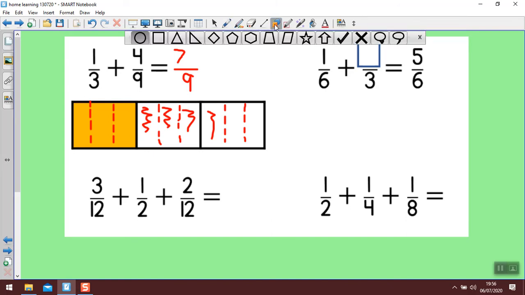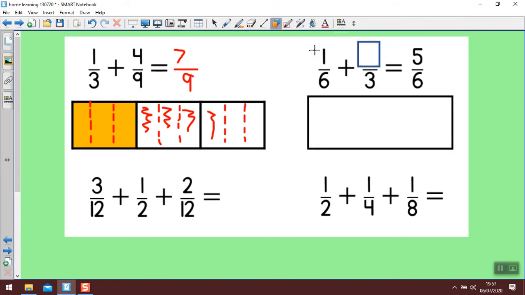So what I'm going to do is draw a bar. I'm going to split my bar into 6ths. So 6 equal pieces. I've split my bar into half first. I'm going to split those halves into thirds, and that's going to make 6 altogether. So 1/6 is 1 out of 6 pieces, and that's this.